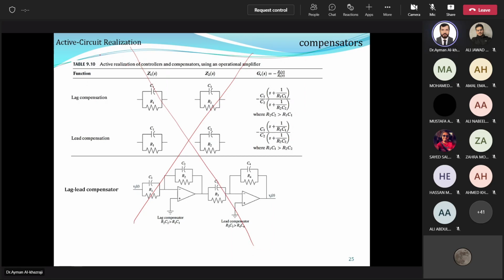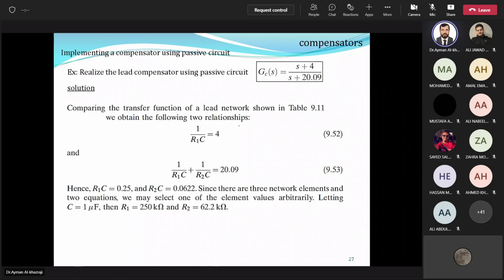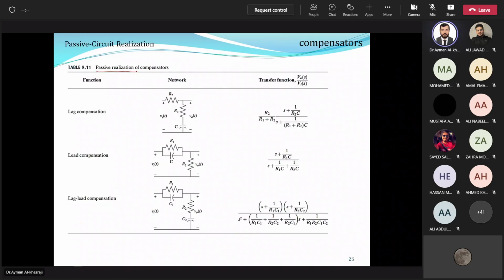Implementation of lead lag or lag or lead, this is all cancel. Implementation using passive, yes. Lead lag, this is cancel. Leave this. It will be either this or this. I will ask for implementation.